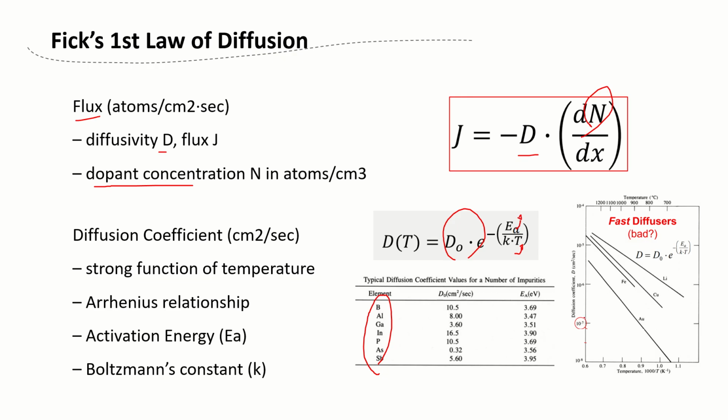So why is the diffusion coefficient important? Because we can see over here, for sodium, the diffusion coefficient is really large, so it diffuses easily, and it will easily contaminate our tool or our wafers.